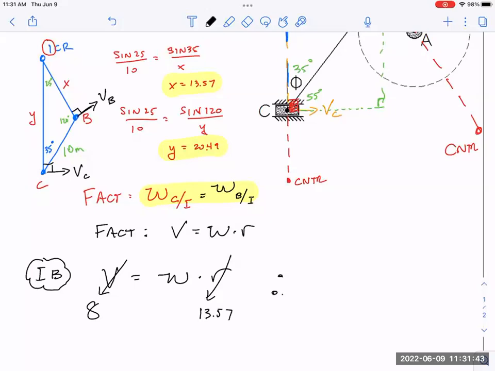So I can say, hence, 8 divided by 13.57 is 0.59. That would be the rotational speed of B as it rotates around I.